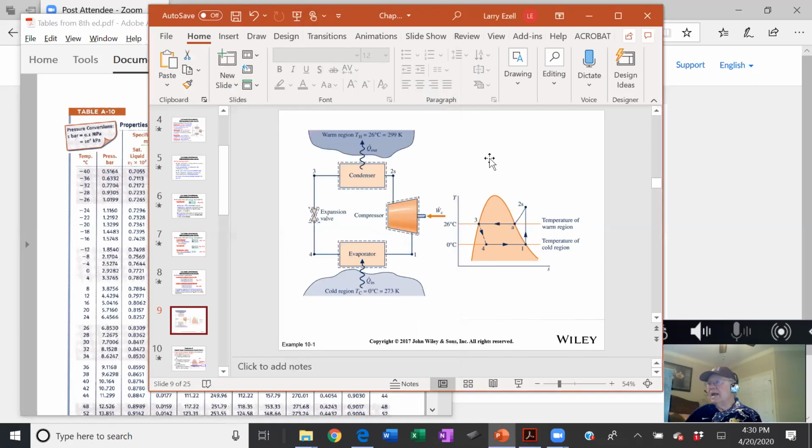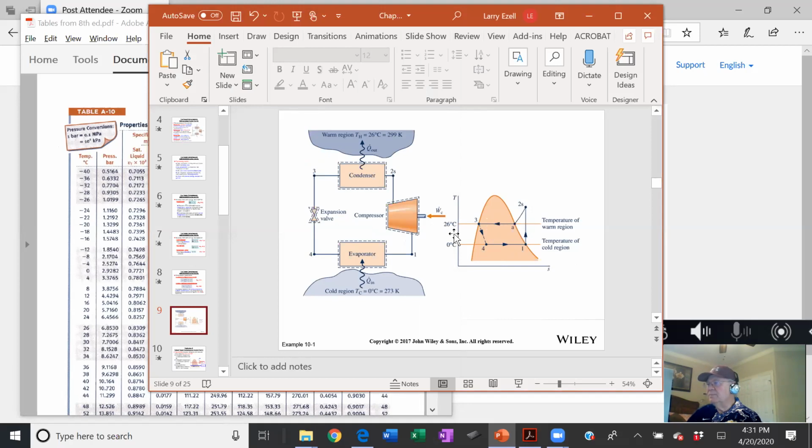Now, when you're designing a system like this, you don't want to go excessive. If you're living in Mississippi, you would want to design for like 90 degrees F, probably for any air conditioning system. Frankly, I don't like that 20 degrees C. This may be a heat pump schematic.